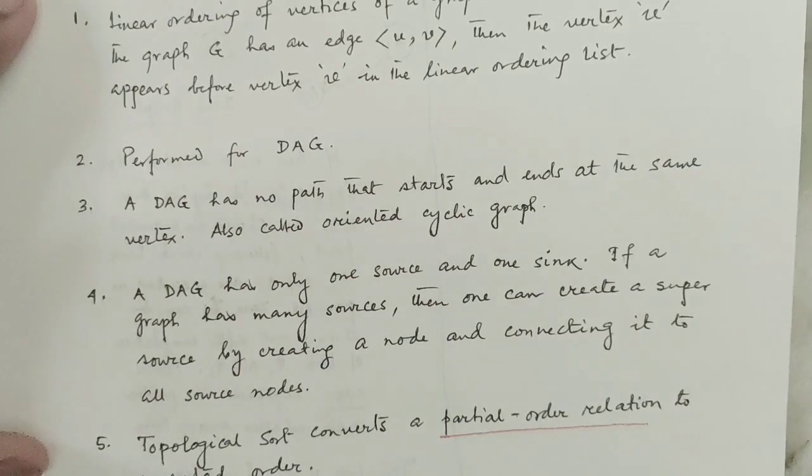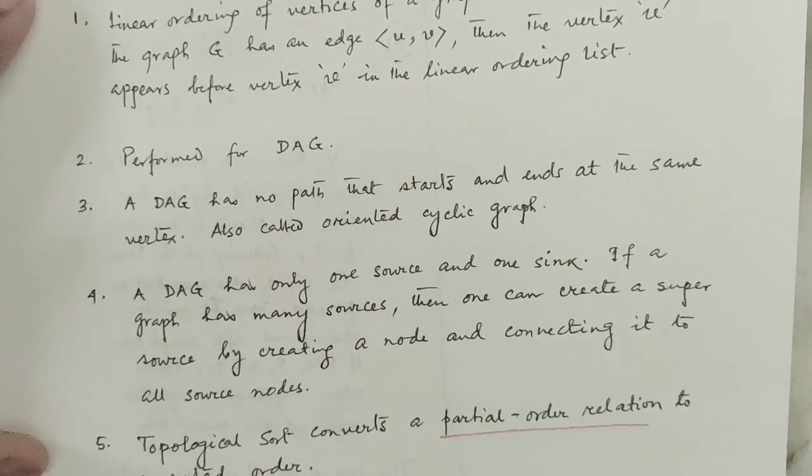Normally, topological sorting converts a partial order relation to a sorted order. So you must know the concept of partial ordering, because it is necessary to understand it, as it is mentioned that topological sort converts a partial order relation to a sorted order.